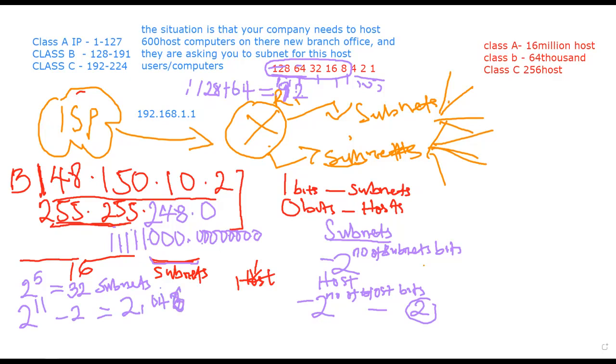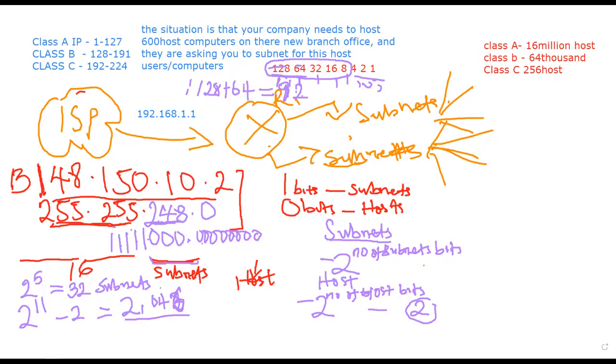Yes, by just some little manipulation, we were able to reduce our previous 16,000 hosts into 2,000. Now, if we compare 2,000 to 600, it is still on the high side, because we still have some hosts that we can take out, because we have 248 against 255.